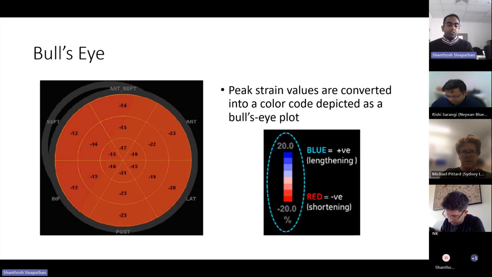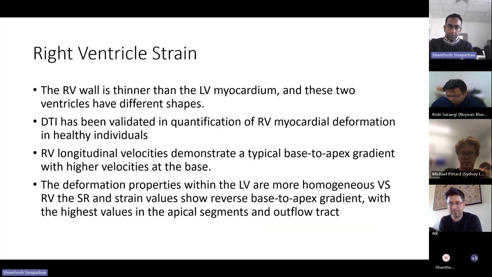Some of you may have heard of this cherry on top pattern, where you've got all of the red just in the apex, and everywhere else is pinkish blue. That is typical of amyloid, or AL amyloid. That pattern recognition will help you identify the underlying disease process.